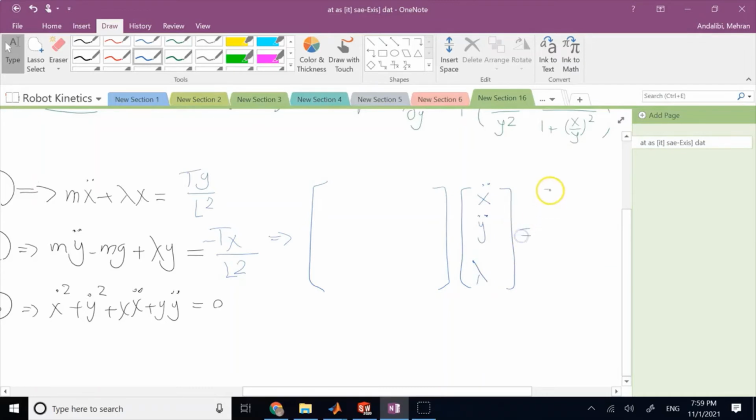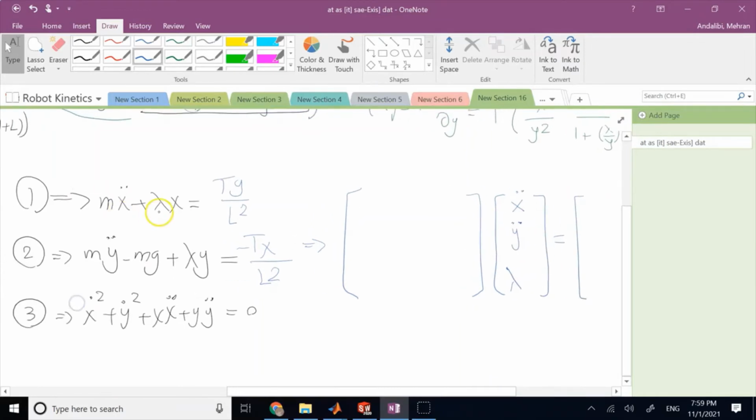Because if you want, you can write your system into the matrix format, and you can then solve for your unknowns here. So if you look, I have a 1, there is no y double dot, there is an x for lambda. For y double dot, or it's m actually, there is a 0, there is an m, and there is a y. And for the last one, there is x, there is y, and 0.